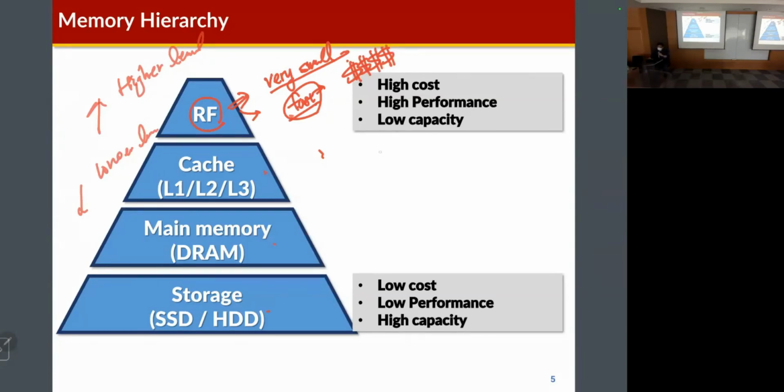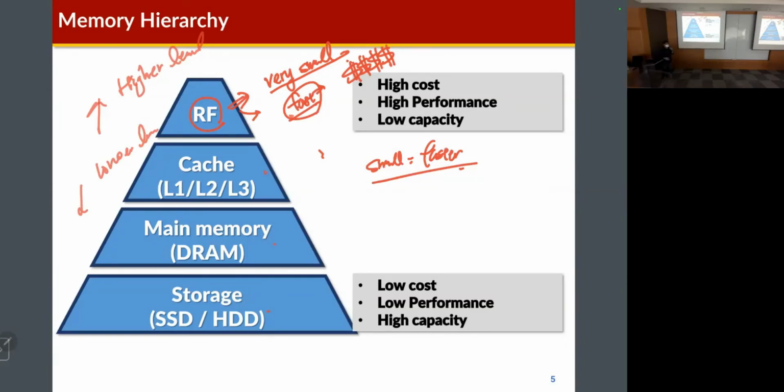But usually in memory devices, small memory is faster. For the register file, we can use flip-flops or we can use SRAM, a static RAM.